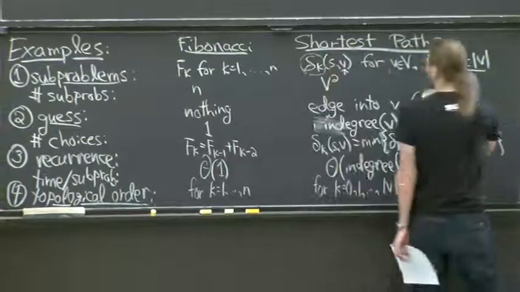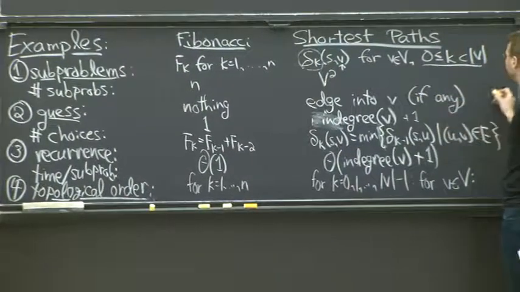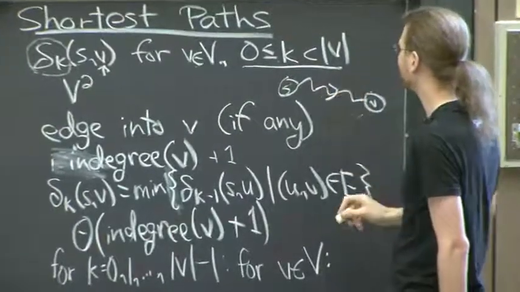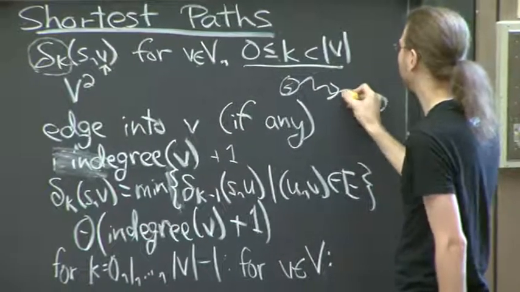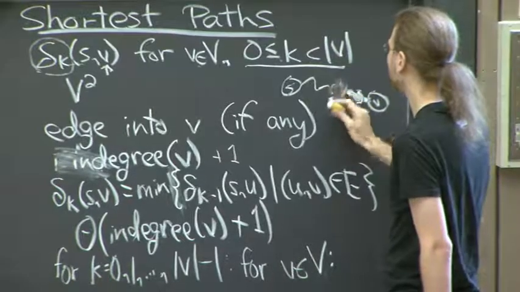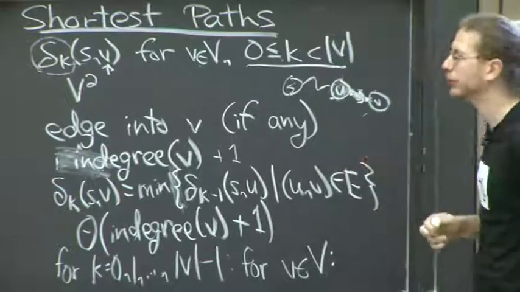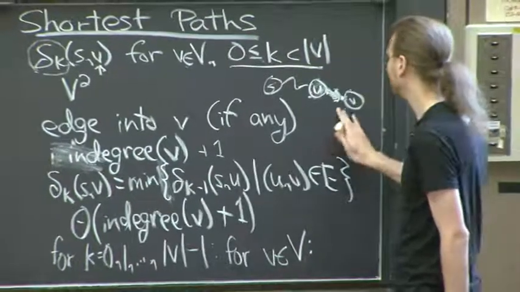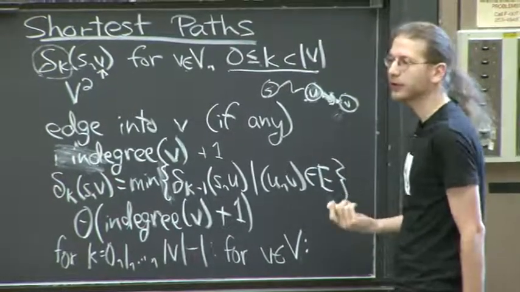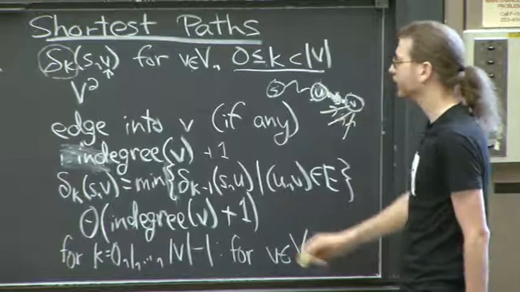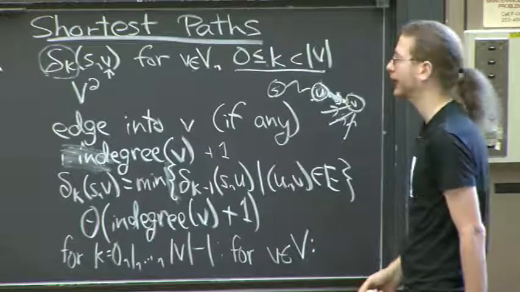And for shortest paths, what we guessed was, well, we know we're looking for some path from S to V. Let's guess what the last edge is. There's some last edge from U to V, assuming the path has more than 0 edges. What could that edge possibly be? Well, it's some incoming edge to V. So there's going to be in-degree of V different choices for that.